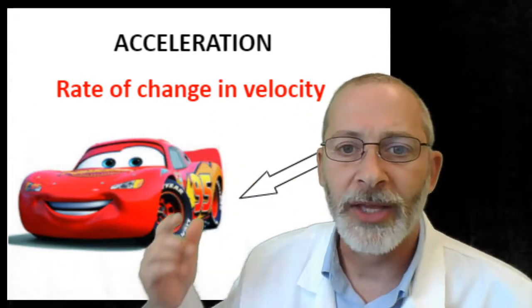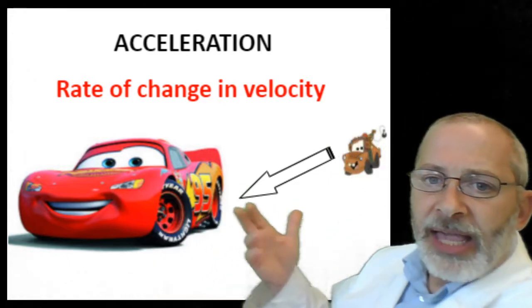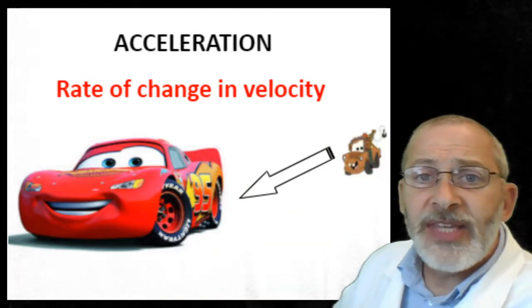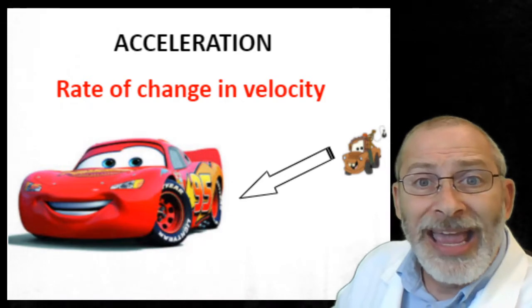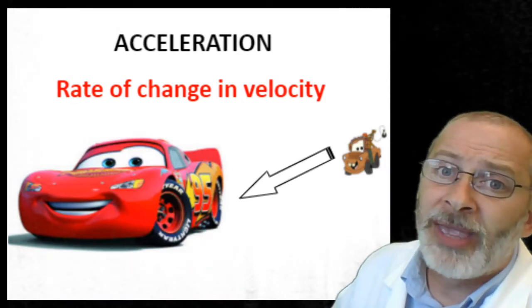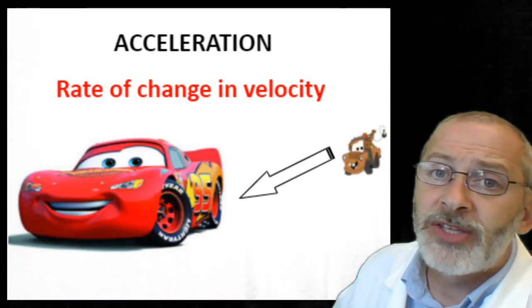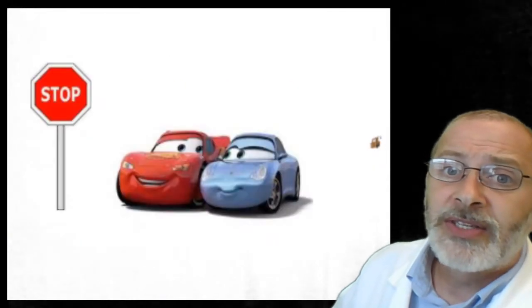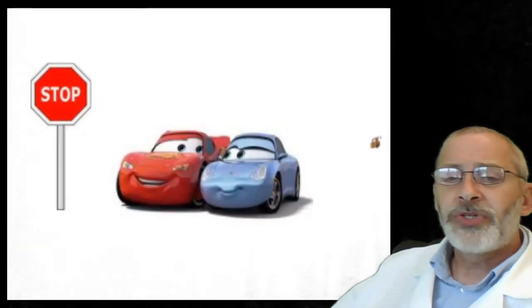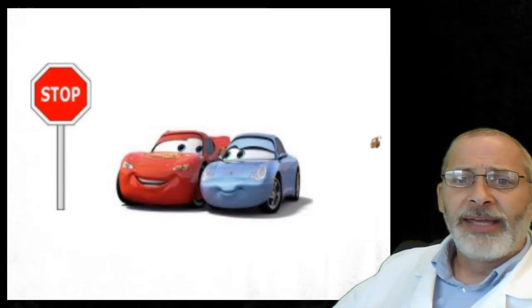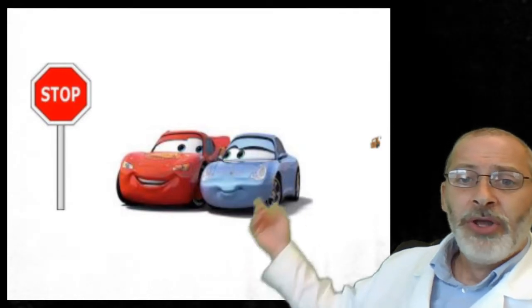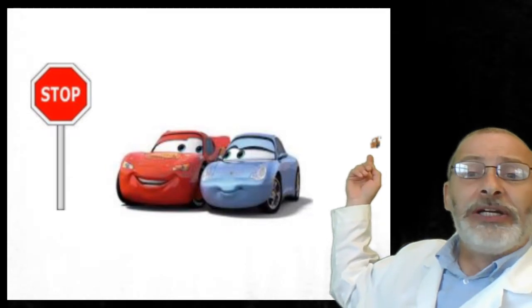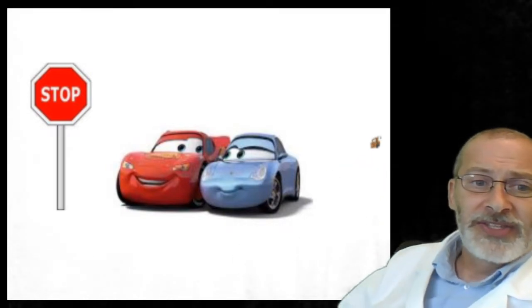But first, I want to explain to you why Lightning McQueen was in such a rush and left his best friend Mater in the dust. It's because he was going to see somebody. What's her name? Sally? Yeah, I think Lightning McQueen had a little date here with Sally, and poor Mater was the third wheel, so to speak, in the dust there.